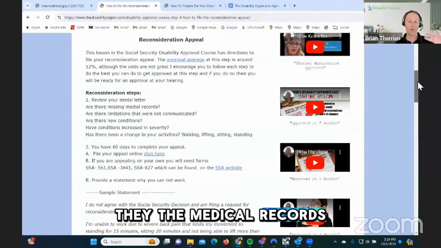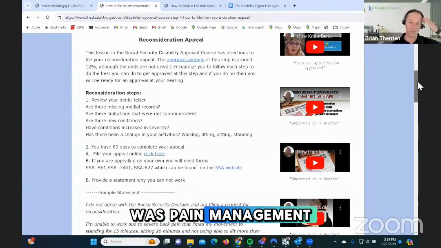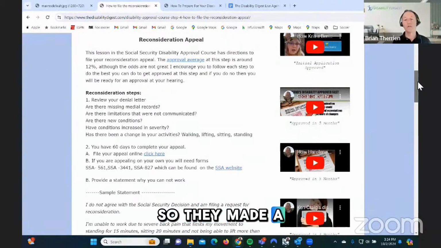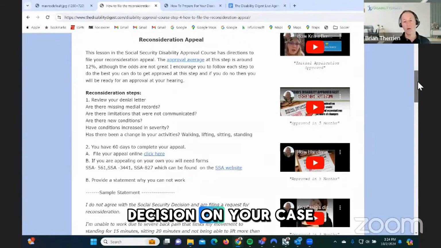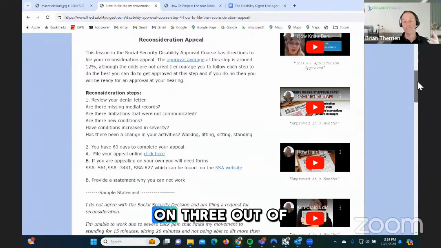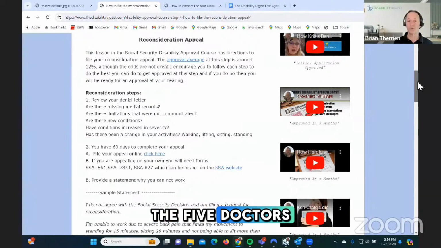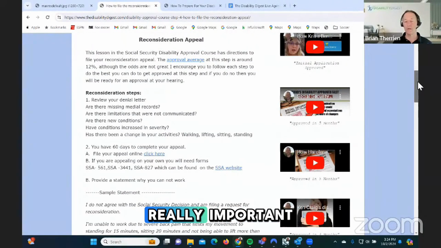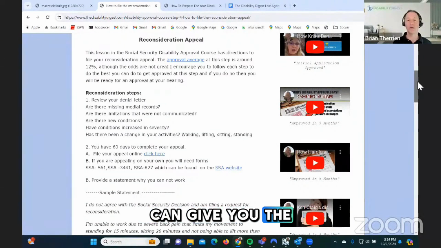The medical records weren't returned, and the other one was pain management. So they made a decision on your case on 3 out of the 5 doctors, 2 of which were really important. So that right there can give you the leverage for a good appeal. Okay.